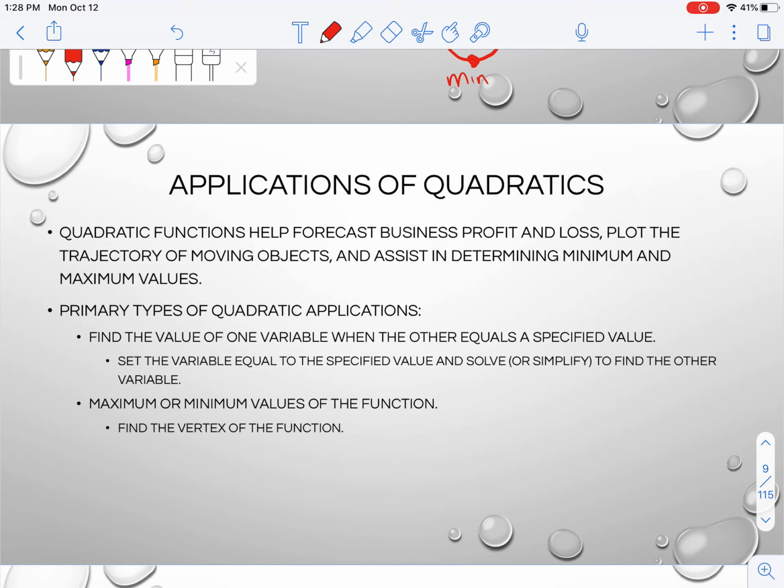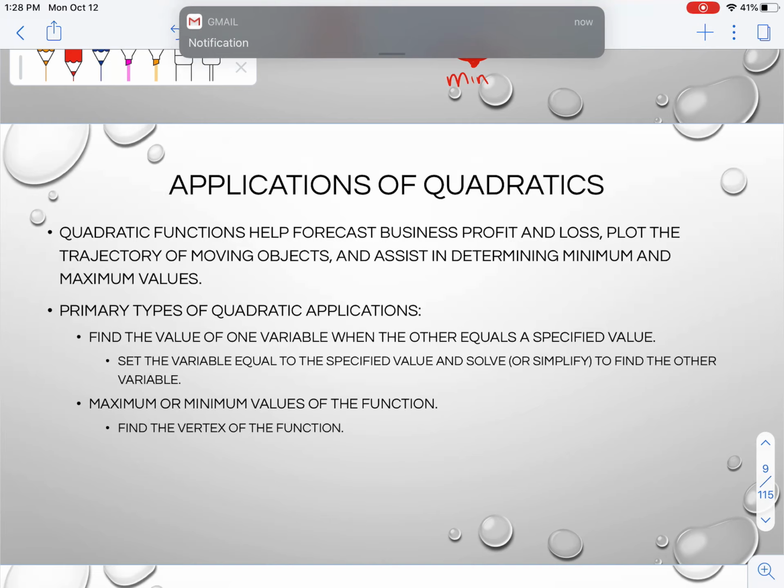Max and mins are going to come up a good bit in applications of quadratics. There are a lot of different uses for applications and word problems with quadratic functions. They model a lot of things very nicely, not only in physical applications, but also sometimes in business applications as well, and a few other places.